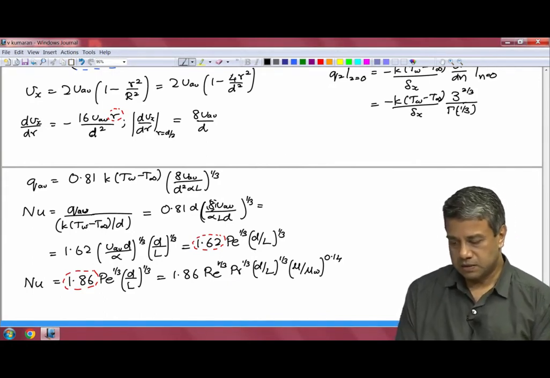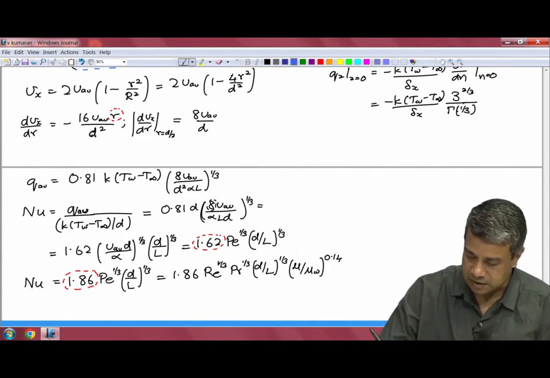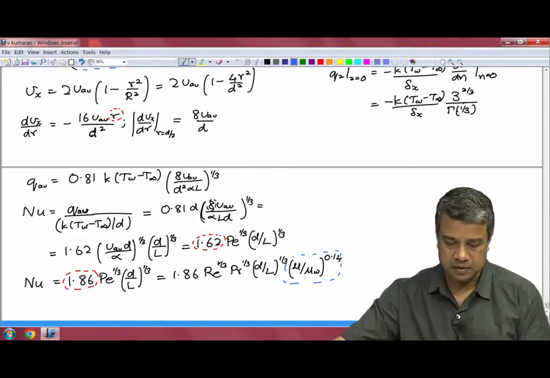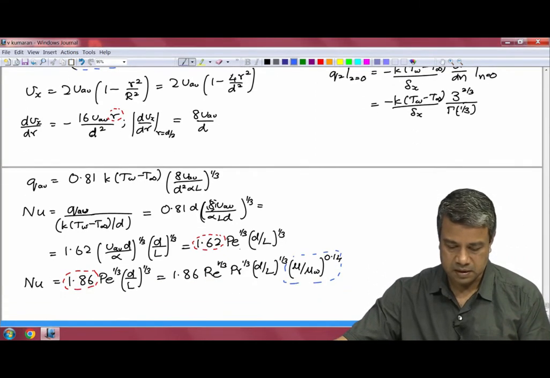This coefficient we were not able to get using first principles, but the other functional dependence we managed to get exactly using this expression.